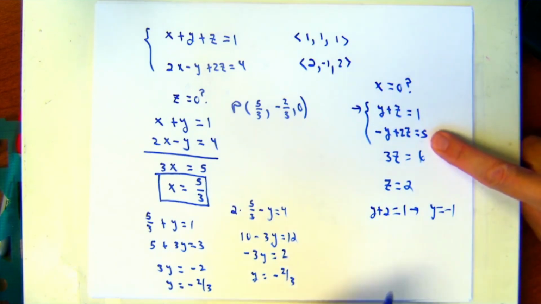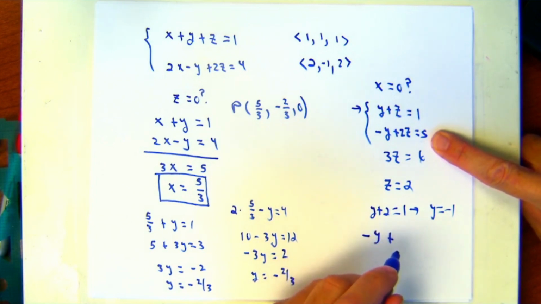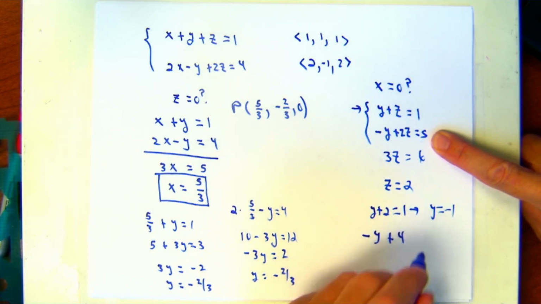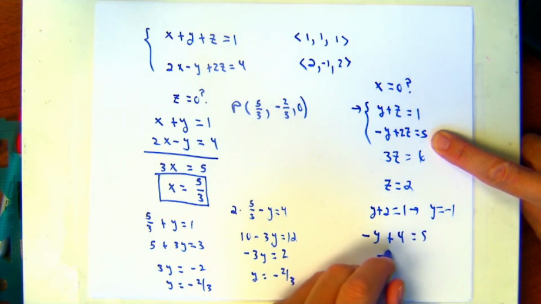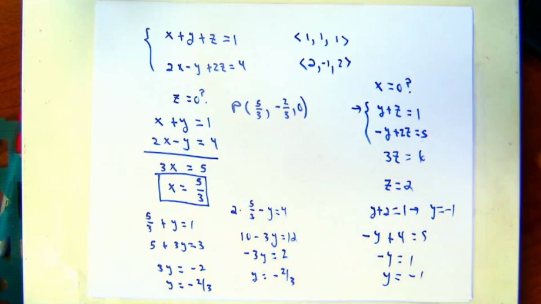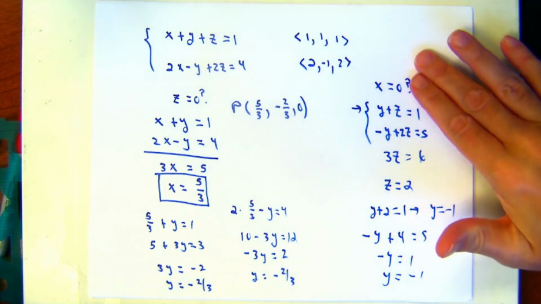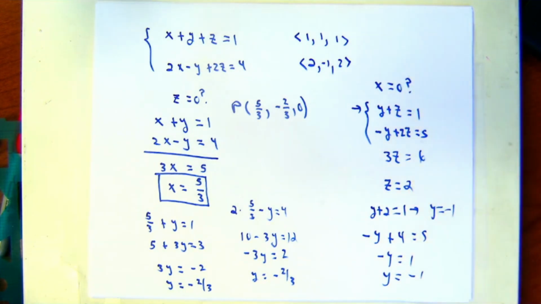And in this equation, negative y plus 2 times z, 2 times 2, 4, needs to equal 5. Negative y would be 1. Y would be negative 1. So I have another point in the line of intersection of the two planes. X is 0, y is negative 1, and z is 2.